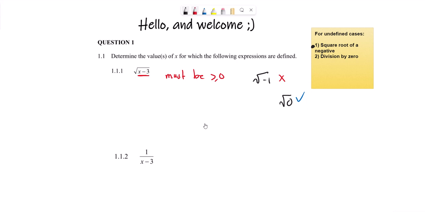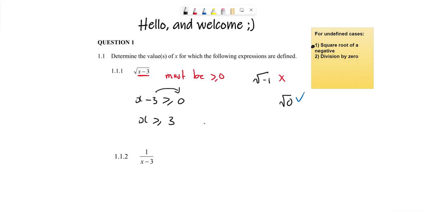Okay, so let's solve the question. It will be x minus 3, which must be greater than or equal to 0. I'm going to transpose the 3, and we're going to have x is greater than or equal to 3. The sign does not change.